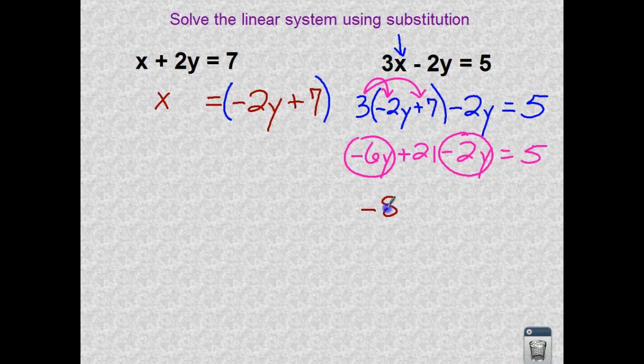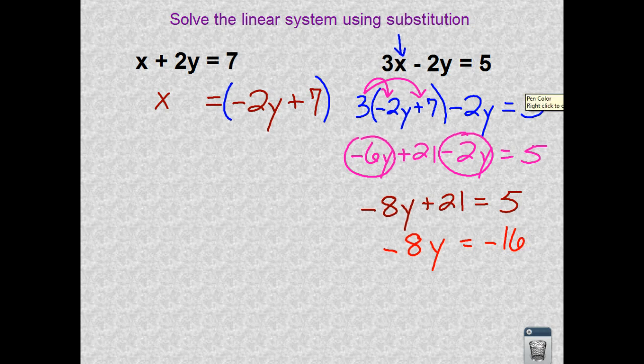That's negative 8y. And still we need to solve for this variable y, so we need to take this 21 and bring it over to the right. So we're going to have to do the inverse operation, so we're going to subtract 21 from both sides. So negative 8y is equal to negative 16.